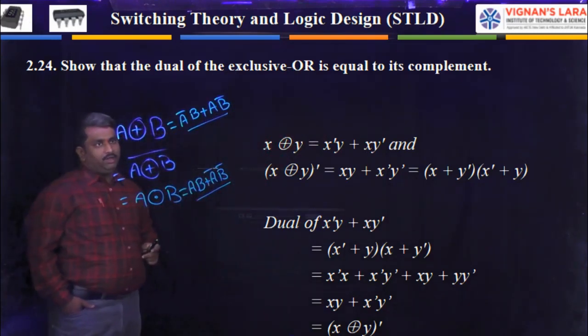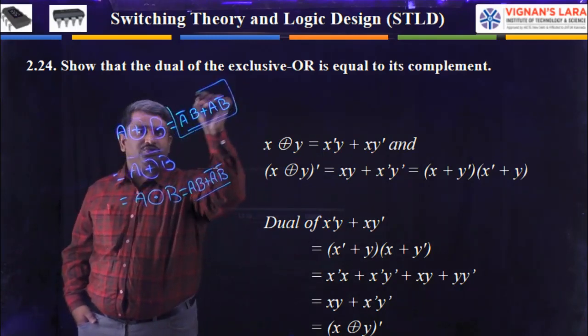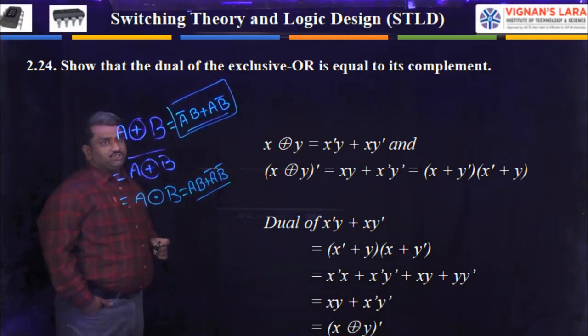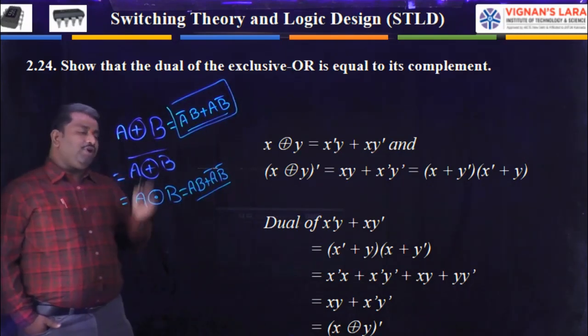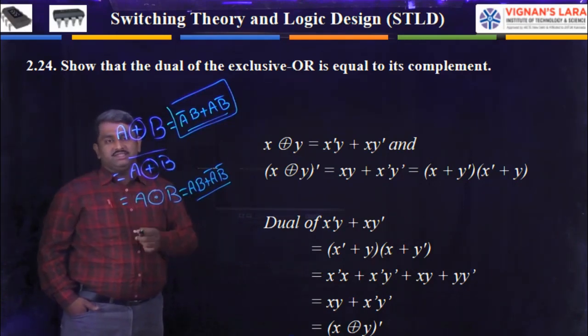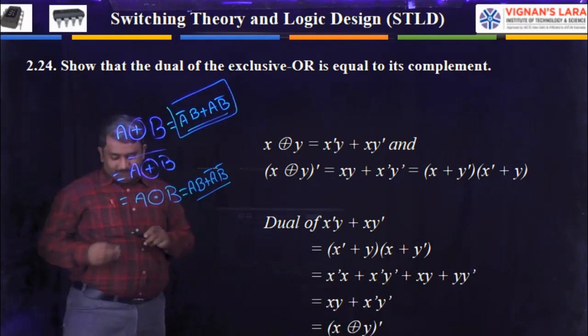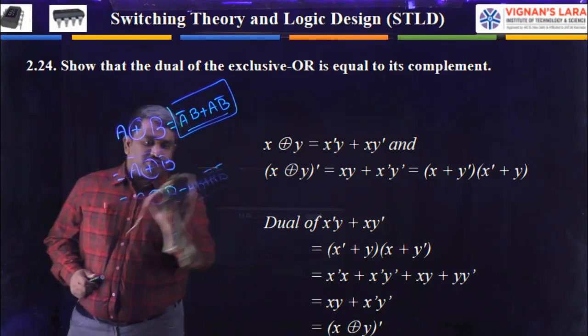Here you have to find the dual for this function. The given function is A exclusive OR B, that is A bar B plus A B bar. For this function, if you find the dual, then you will get the complement of the XOR operation. It is a very simple operation. Now we will see it, that explanation I have already written here.